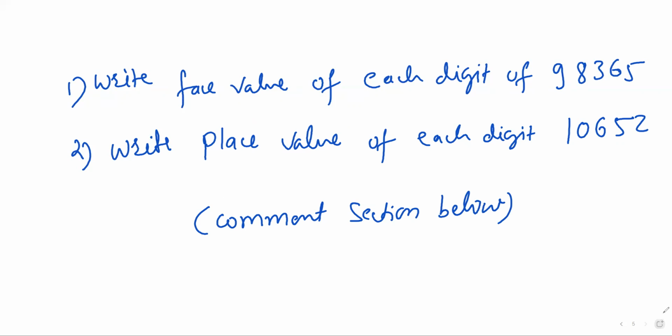Okay, now let us understand, if a number has the same digits, then how to write the face value and place value of a digit. Let us consider an example.